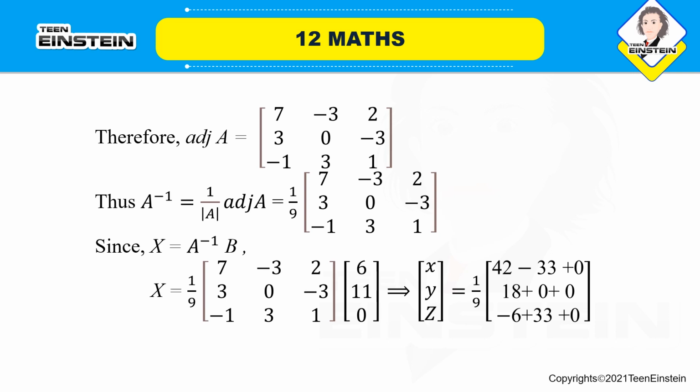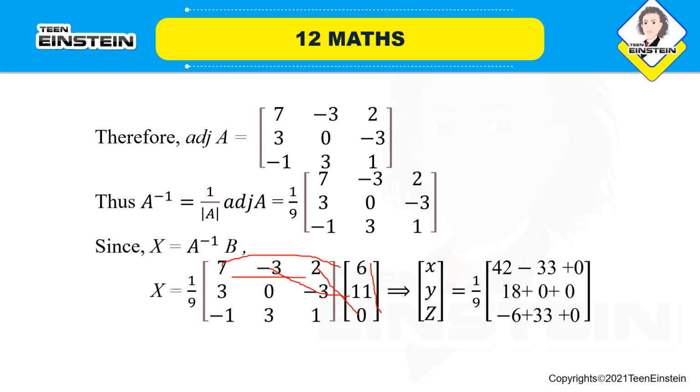X is the column matrix X, Y, Z, which equals 1 by 9 into the product of these two matrices. So first row, first column gives you 7 into 6, 42, minus 3 into 11, minus 33, plus 2 into 0, 0.